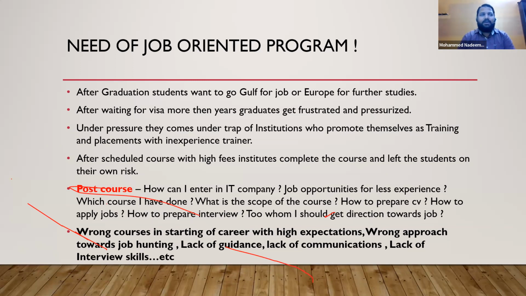Last year I got a very good example. One of the freshers wanted to meet me, and he came and said, sir, I'm unable to get a job in artificial intelligence. I said, okay, what is your experience?